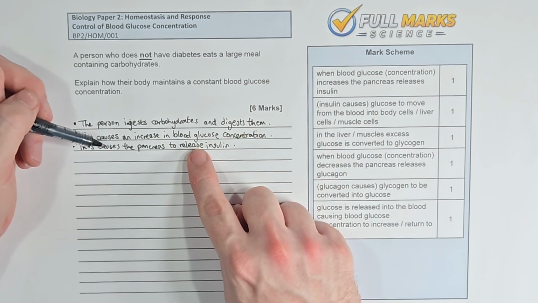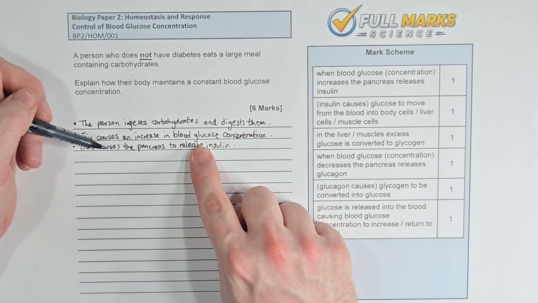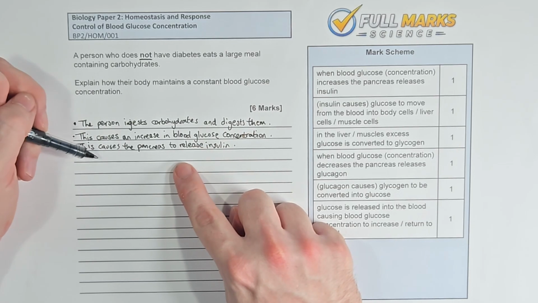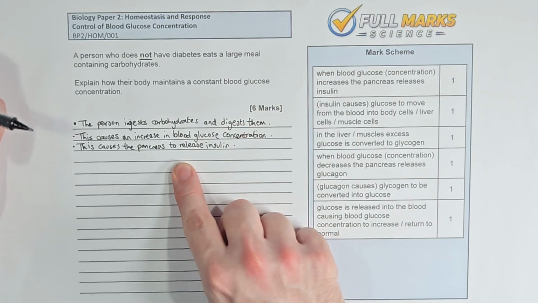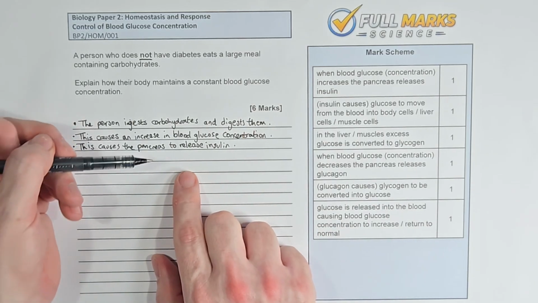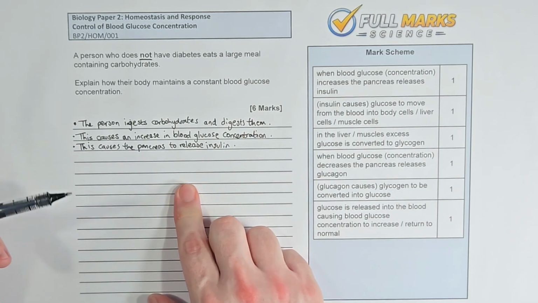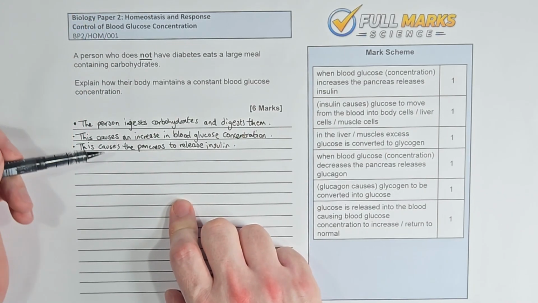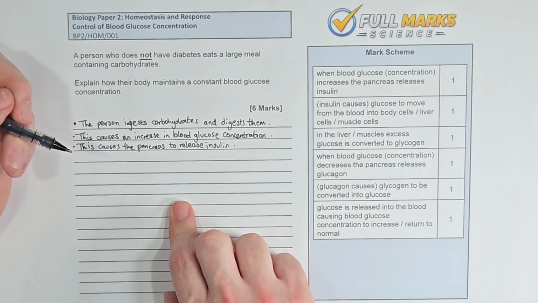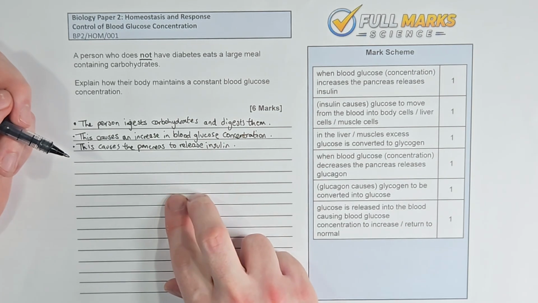It's going to cause an increase in the blood glucose concentration. So what's that going to do? It's going to cause the pancreas to release insulin. So what's the insulin going to do? You can see where I'm going here. It's building this step-by-step process that just from having this bit of information at the start, we can start going through and making up this big, longer answer to get all 6 marks.